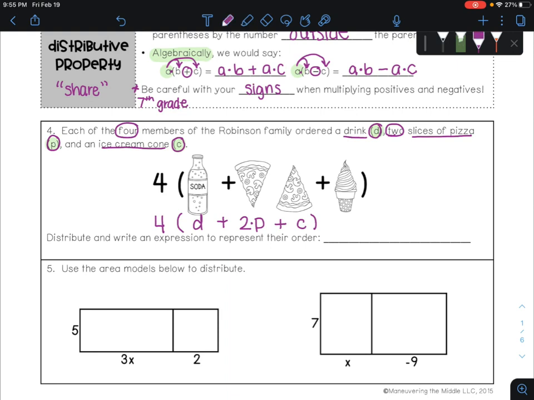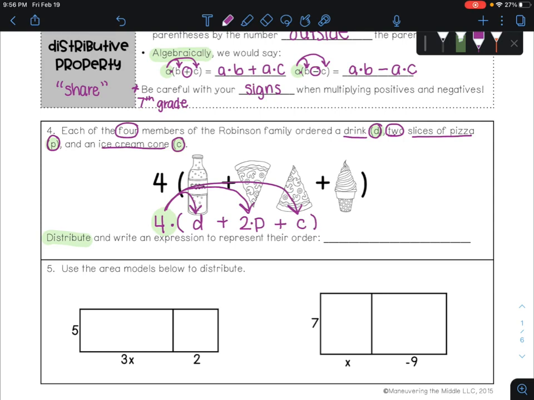All right, next part. Distribute and write an expression to represent this family's order. So if we distribute, it's going to write the expression, okay? So remember, this is multiply, and we're going to share the 4 in the multiplication with everything inside, because the parentheses represent one person's order and 4 people got the same thing.